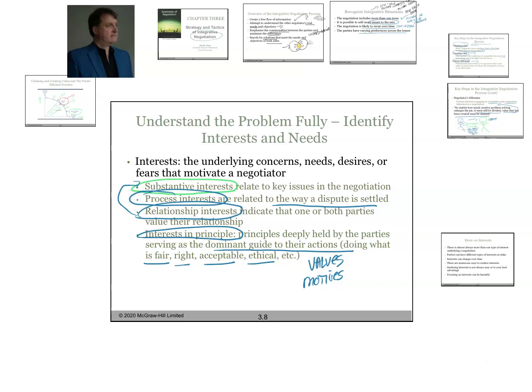We don't really have the time, but the interests in principle really are about understanding ourselves and trying to understand our opponent and what motivates them. In short negotiations, it's not necessarily as important, but in long ones, especially if the relationship interests are very, very big or very high, the interests in principle may be a factor that need to be fleshed out as well.